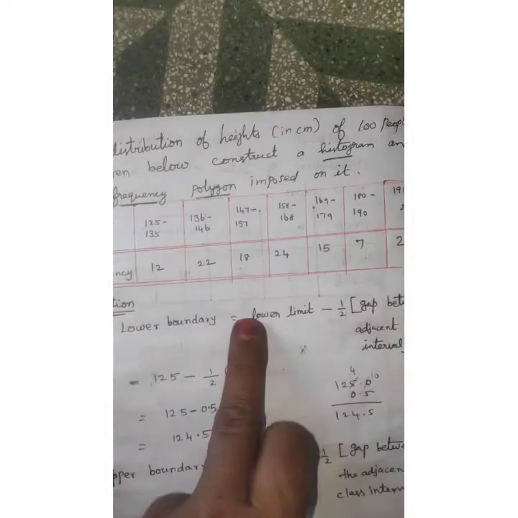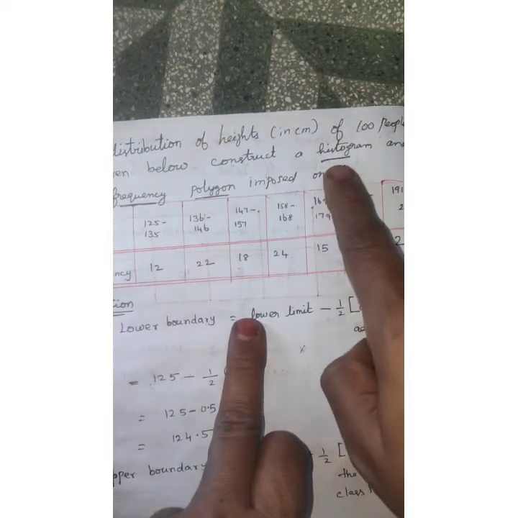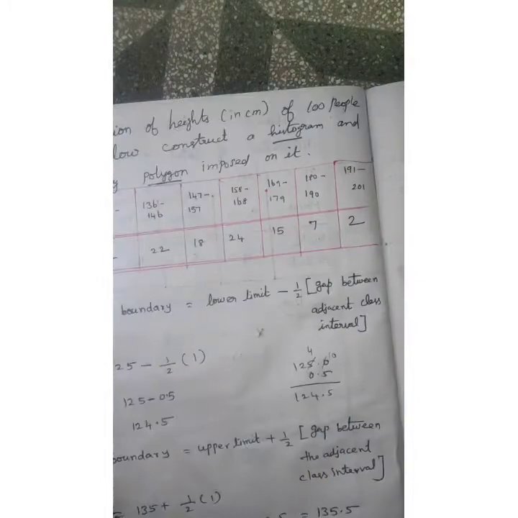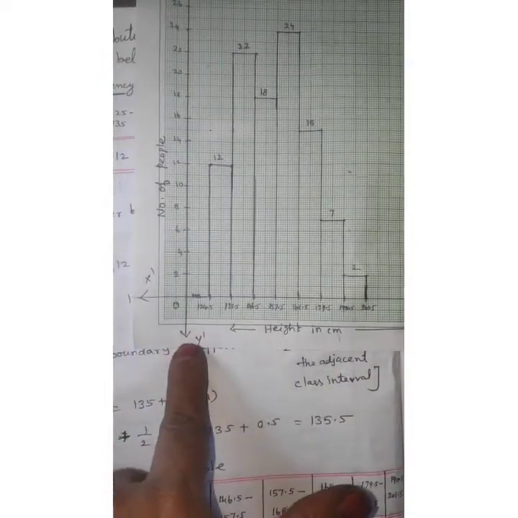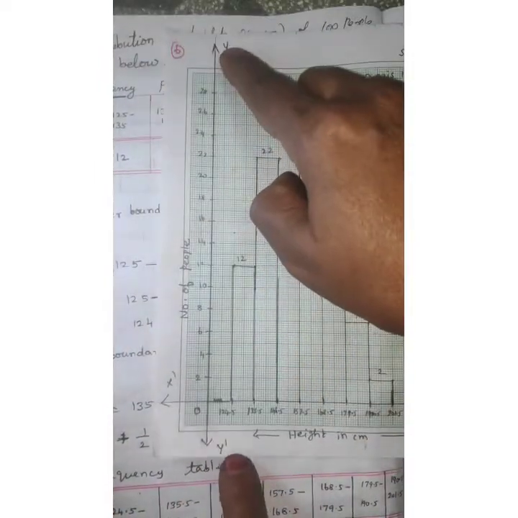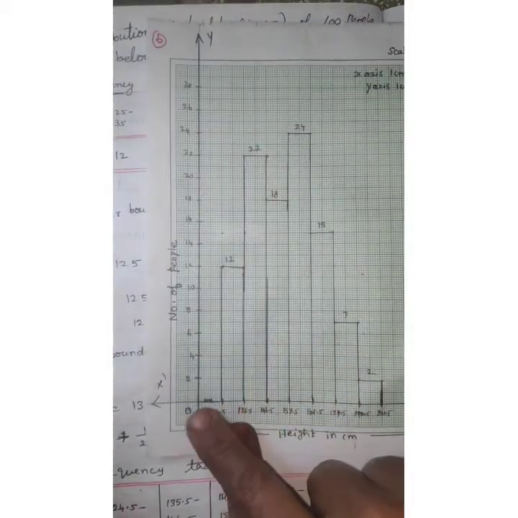What is the question asking? Draw the histogram, and next draw the frequency polygon. So see the graph now: x-axis, x dash, y-axis, y dash. Very carefully see how to draw the graph.